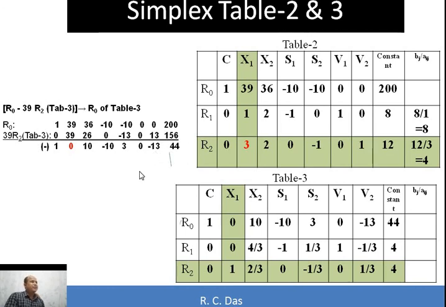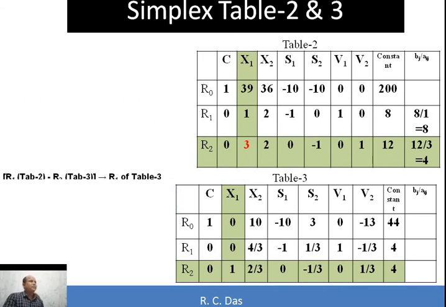Let us put it in table number 3. So this is row 0. Okay, now come to row 1 of table number 2. Row 1 of table number 2 has a value of 1 in the pivot column, so it is already 1.